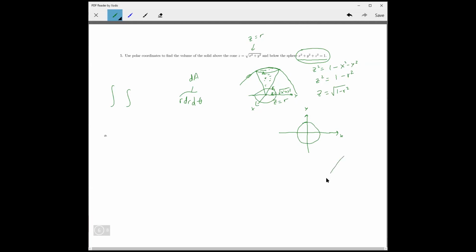Where the cone and the sphere intersect, if we drop that straight down, this is 1 over the square root of 2, and this is also the square root of 1/2 there.